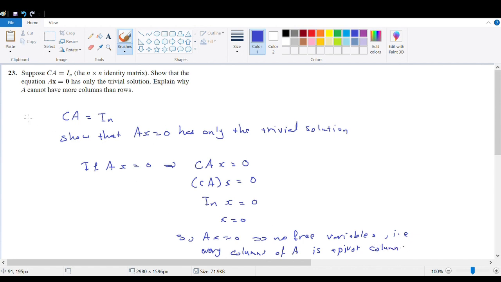And here we explain why A cannot have more columns than rows, because here we need only the trivial solution, and we cannot have more columns than rows, because then we will have free variables. But since Ax is equal to 0 has only the trivial solution, that means our x should be equal to 0, so no chance of having a free variable. So that means either the number of columns is equal to the number of rows, or the number of rows is more than the number of columns.